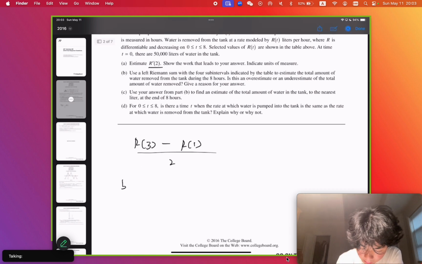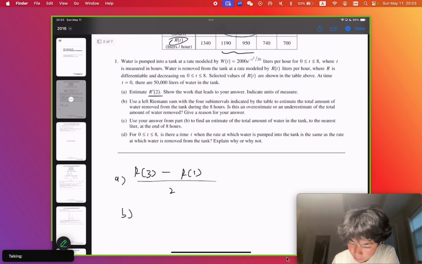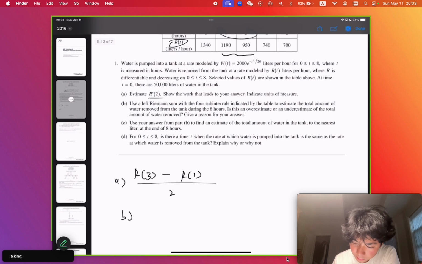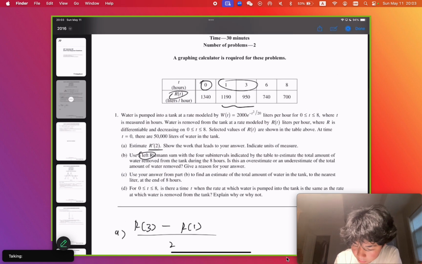All right, that's A. B: use a Riemann sum with the 4 subintervals indicated to estimate the total amount removed from the tank. Okay, left Riemann sum. Basically, you want to start here. So this is y1.